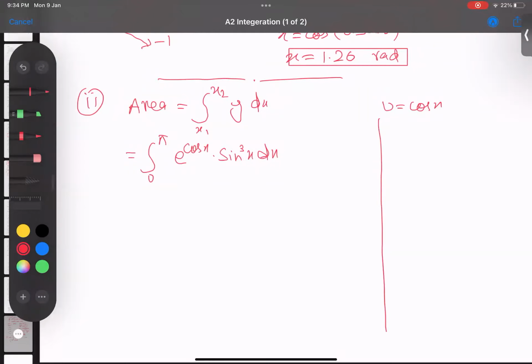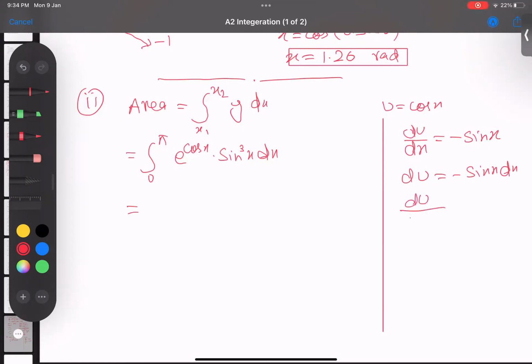I will use differentiation, du over dx, the derivative of cos is minus sine. Now I can say du goes there, dx goes on the right hand side, minus sine x dx. So I can do one thing here: du divided by sine x comes on the left side, and minus also.